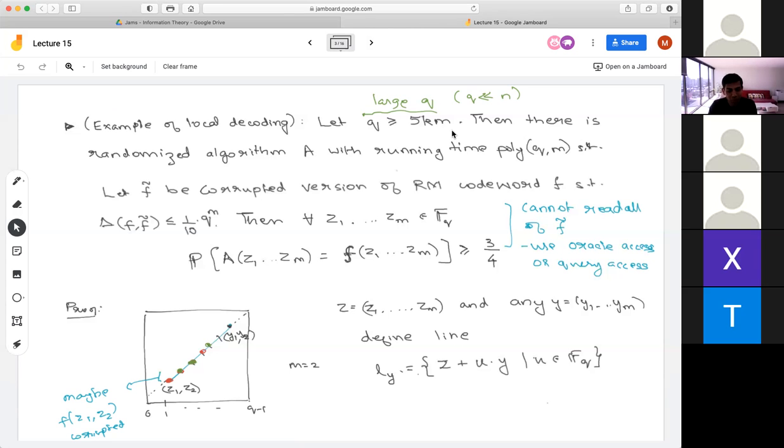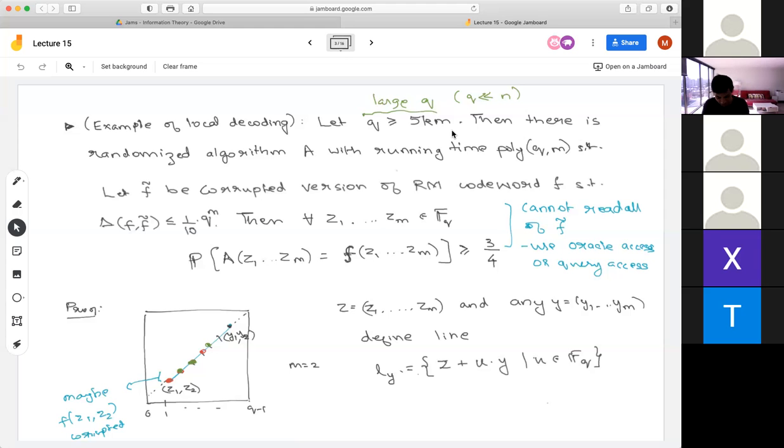And we will be able to think of this m-variate polynomial as a univariate polynomial along the line, a polynomial in a single variable. And if you have a polynomial in one variable in which you don't have too many corruptions, you can find the value at any given point using Reed-Solomon decoding. And that will be our algorithm.